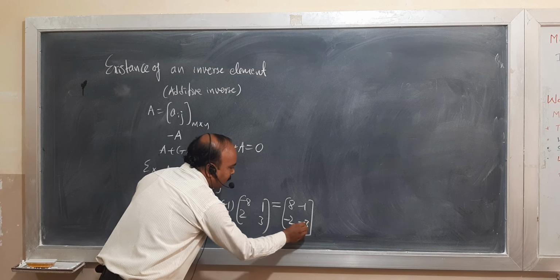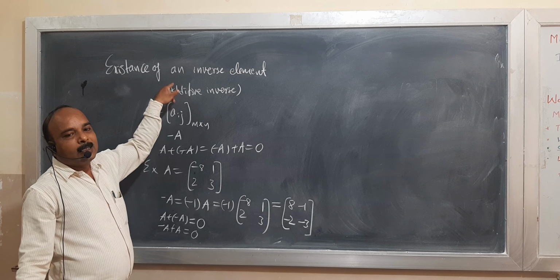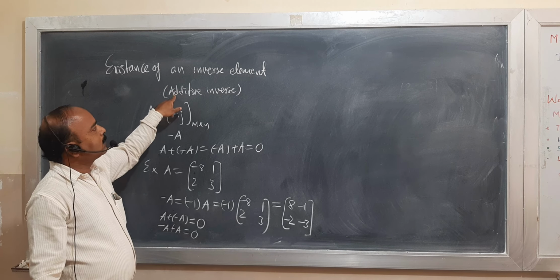Therefore A plus minus A equal to O. Similarly we get minus A plus A is also equal to O matrix. By combining these two we get A plus minus A equal to minus A plus A equal to O. So like this we define the inverse of a given matrix under addition of the matrices.